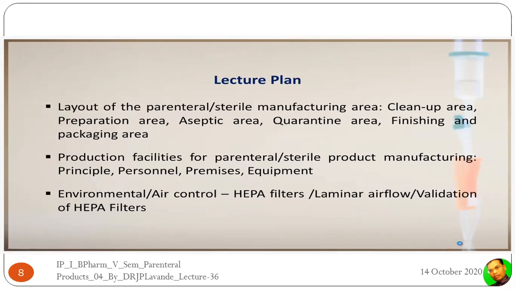Our lesson plan will move through the layout of the parenteral, the different sterile manufacturing areas, which are called the cleanup area, preparation area, aseptic area, quarantine area, and finishing and packaging area. We will also go through the production facilities for parenteral sterile product manufacturing. What is the principle? What are the personnel requirements?